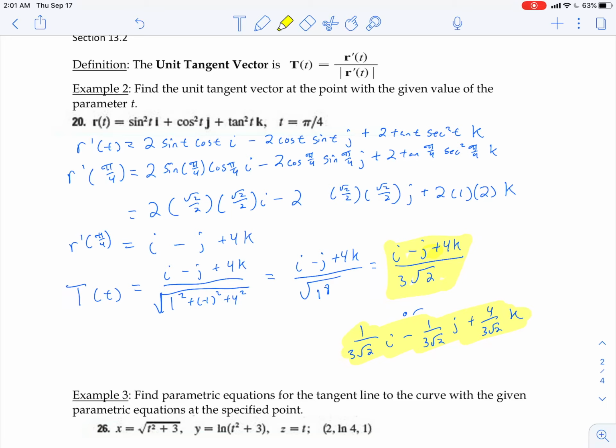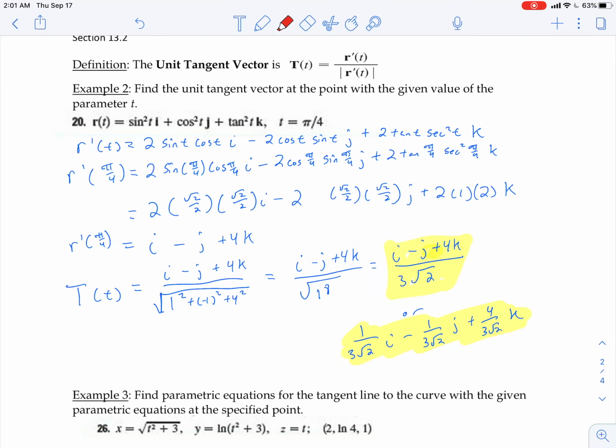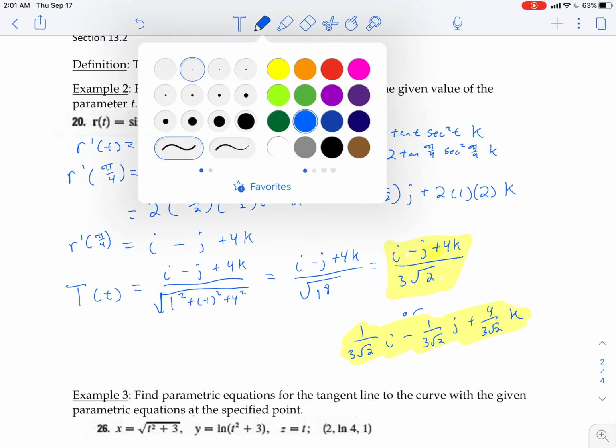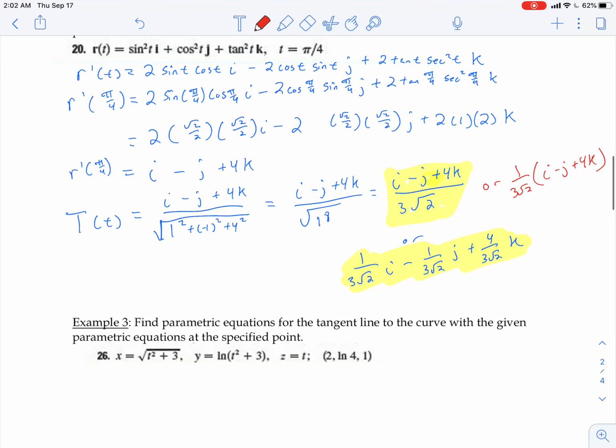So you can just keep it the way it is. There are multiple ways to write this. You could also say 1 over 3 square roots of 2 times i minus j plus 4k. You could write it that way.